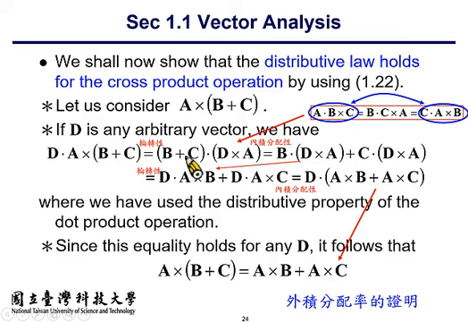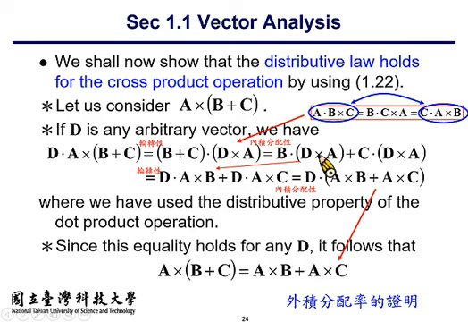So you have B plus C dot D cross A, and we know that the distributive law holds for dot product. So you can separate the expression here into two scalar triple products, B dot D cross A plus C dot D cross A.